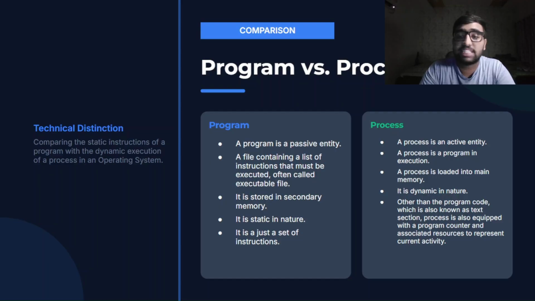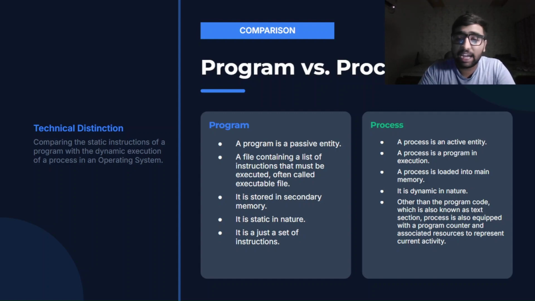A process is basically a program in execution. A program is stored in secondary memory. That is why a program is considered a passive entity, because it rests in the secondary memory until it is loaded into the main memory and a process is born.